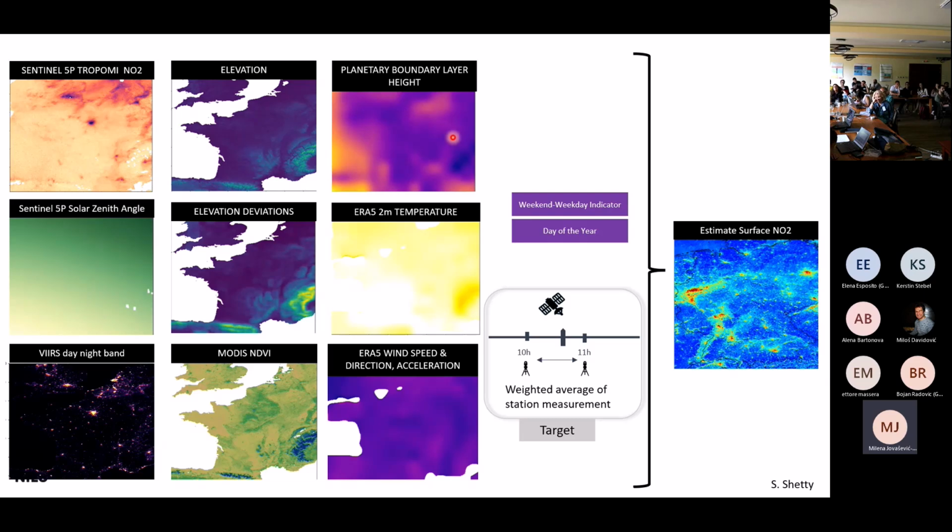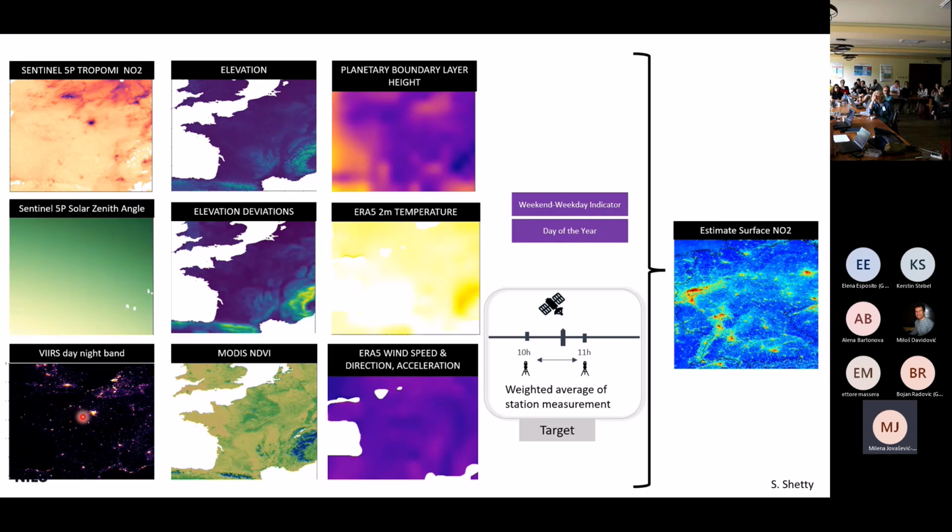There are other variables. One that's quite important is the planetary boundary layer height. She gets this from the ERA5 model. Then we have the solar zenith angle, which is supposed to be a bit of a proxy for day of year. Elevation deviation, she calculated from the elevation map because somehow this also has an effect. Temperature. Then one thing that is really nice, I think, is the nighttime light.